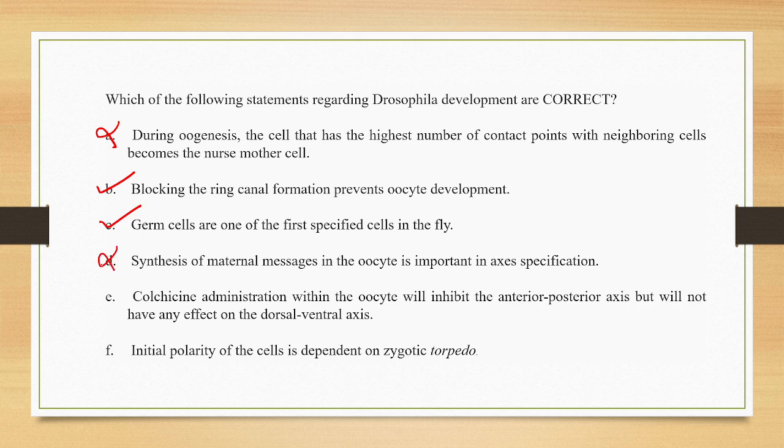Then, colchicine administration within the oocyte will inhibit the anterior-posterior axis, but will not have any effect on the dorsal-ventral axis. Why? Because colchicine basically interrupts the microtubules.